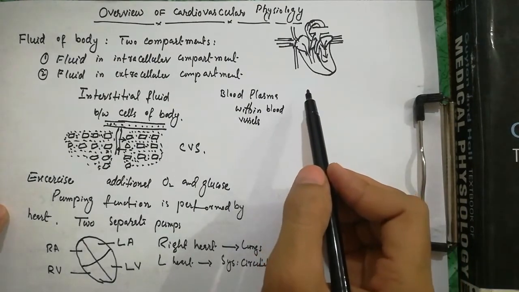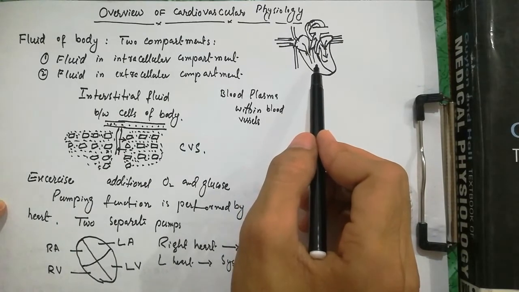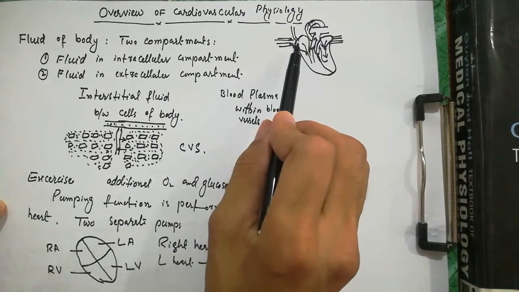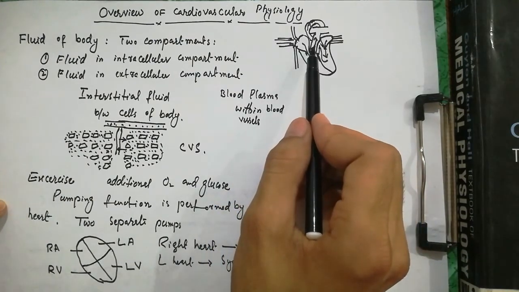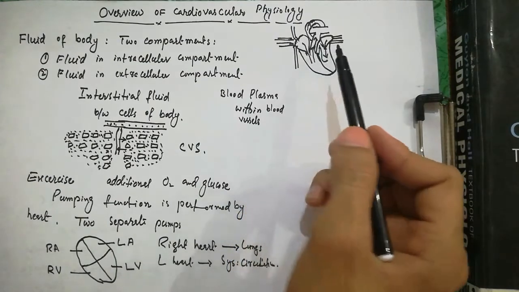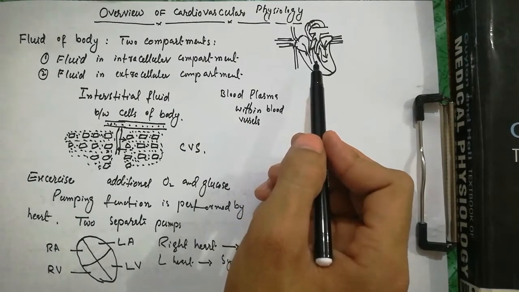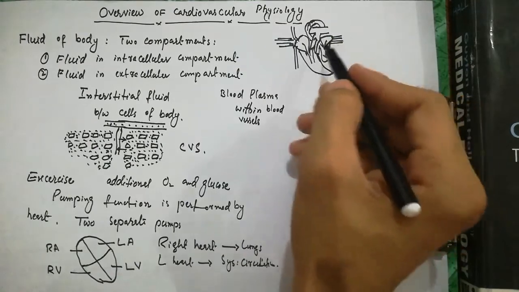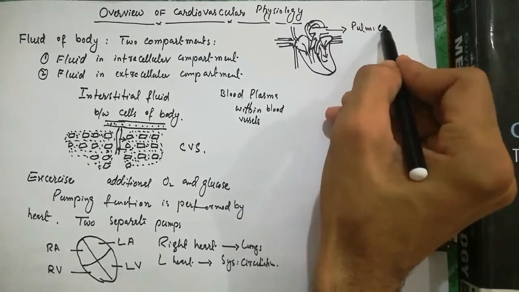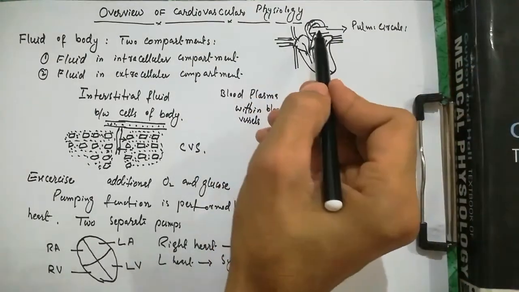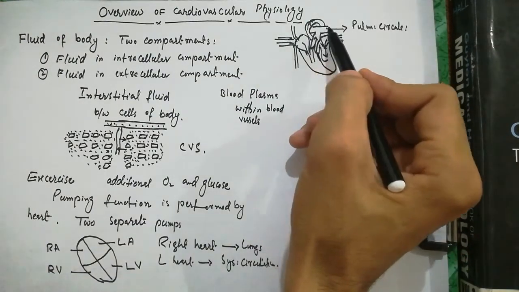When the atrium contracts, the ventricle relaxes and blood is pushed into the ventricle. When the ventricle contracts, the atrium relaxes, the atrioventricular valve is closed, the pulmonary or aortic valve opens, and blood is pushed into the arteries. The right ventricle pushes blood into the pulmonary circulation, and the left ventricle pushes blood into the systemic circulation.